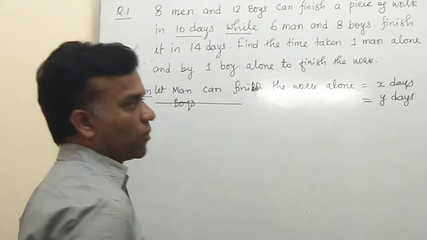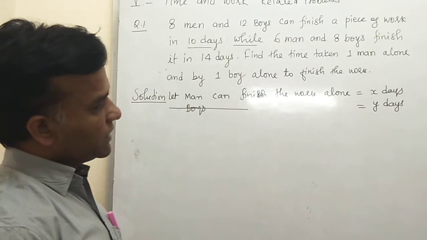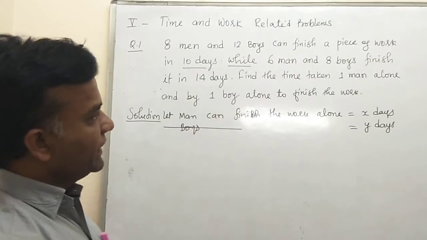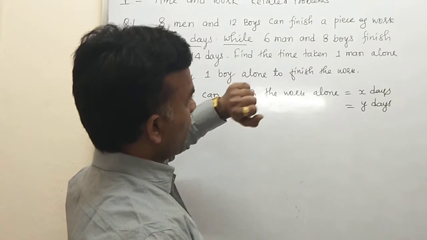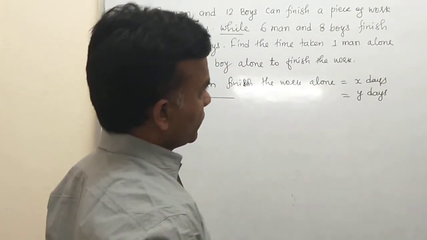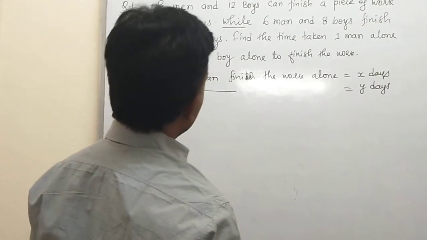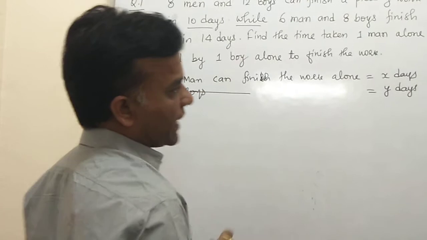Okay, so a man is supposed to finish the work in x days, and a boy finishes the work in y days. Now we consider 8 men and 12 boys finishing the work. First we write down the piece of work finished by the man, because a man finishes in x days.